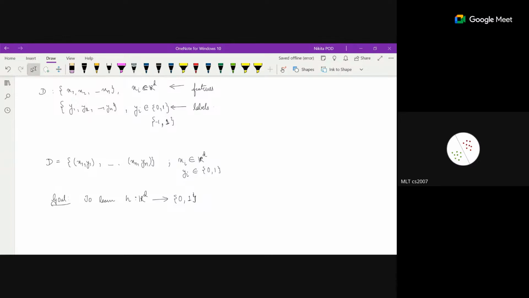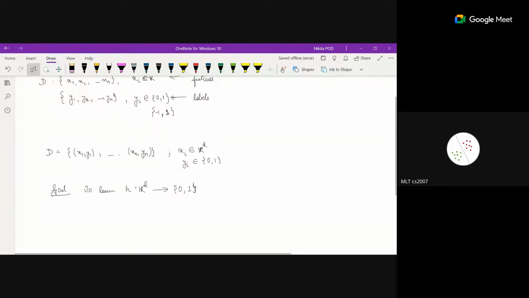Like in the regression case, once we learn these models, we need to know how good the model is. For that, we had the notion of sum of squared error, and we wanted to minimize it. The minimum sum of squared error would be ideal for us.